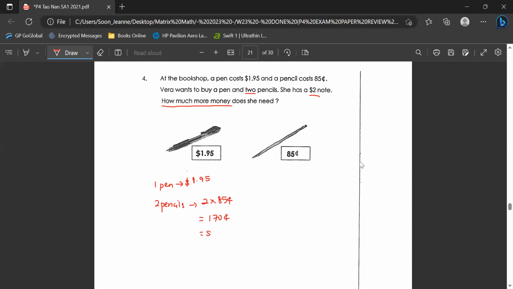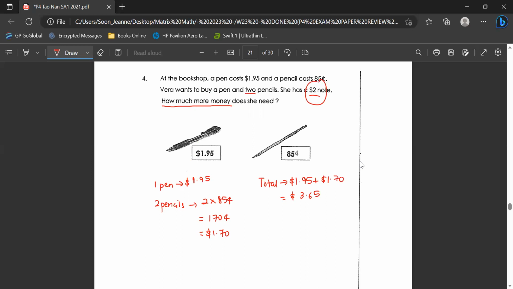Convert it into dollars and cents is $1.70. So that means the total amount that she's going to spend is actually $1.95 plus $1.70, which is $3.65.